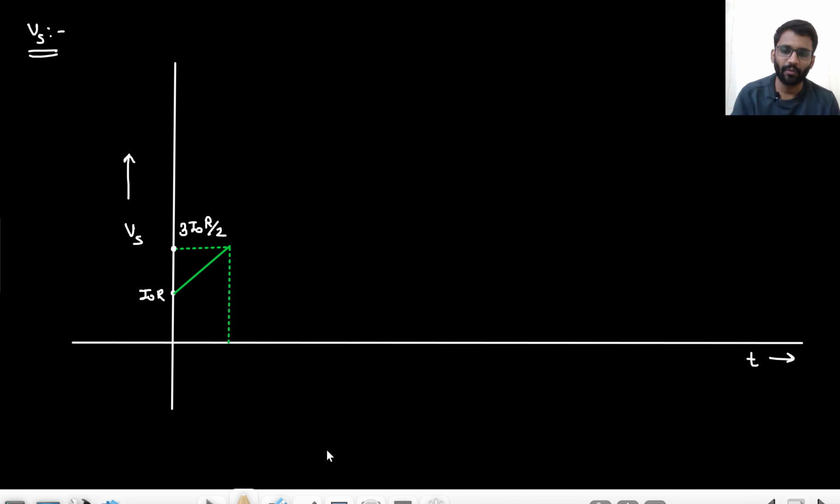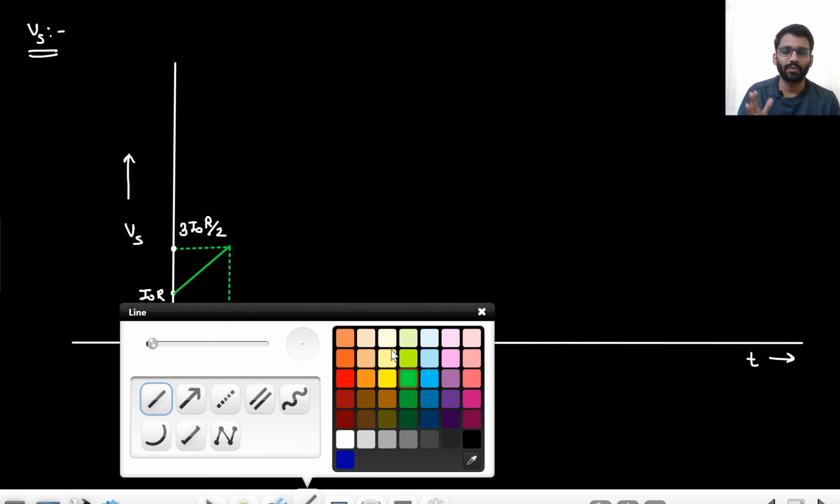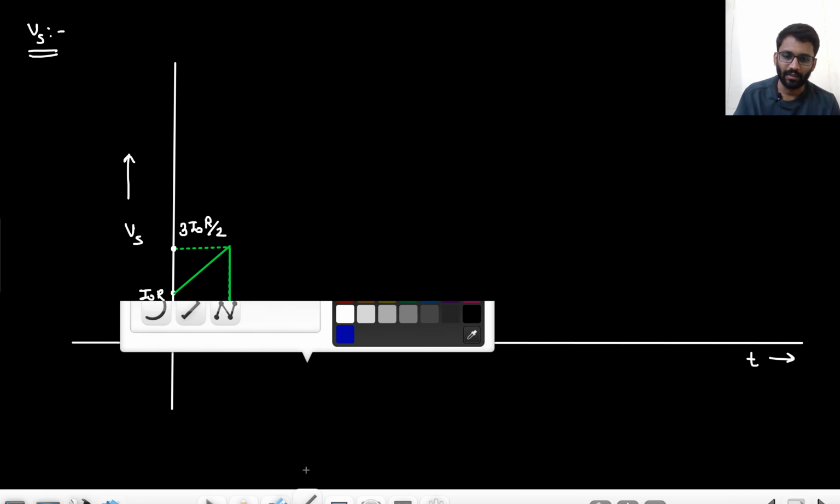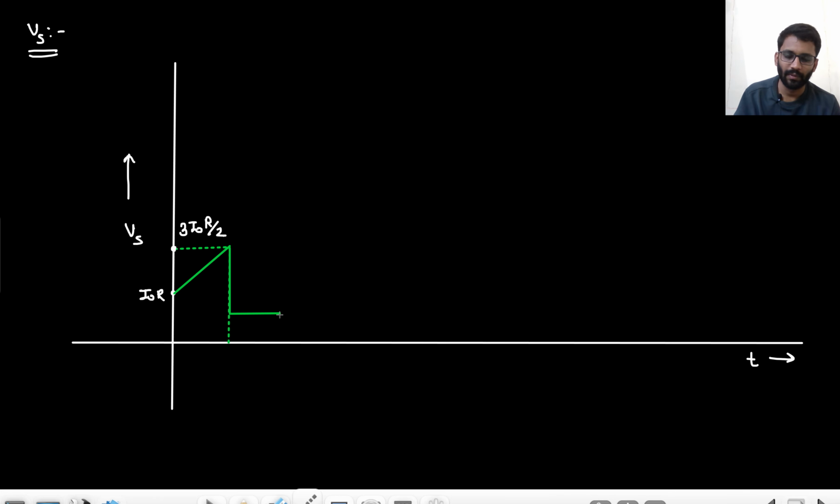Then what will happen in the next cycle? Input is gone, so the voltage across the resistor is gone. So the VS voltage will be equal to only the capacitor voltage, and that is I naught R by 2. So it has come down to I naught R by 2.